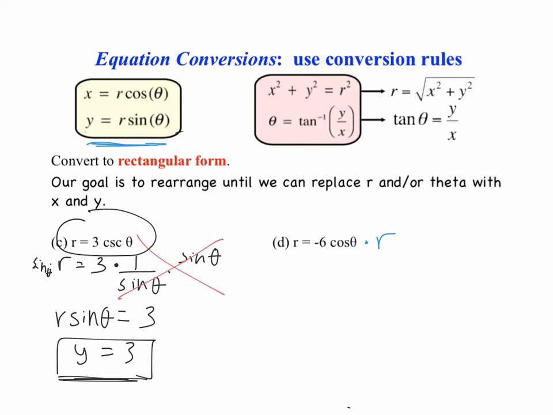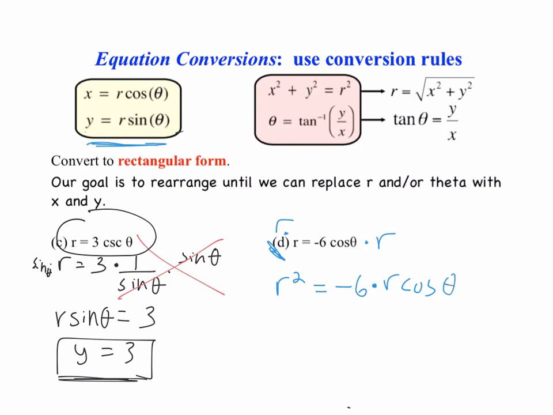But if I'm going to multiply by r on the left, I also need to multiply by r on the other side of the equation, so I don't mess everything up. So then now on the left, r times r gives me r squared equals, I still have this negative 6, but now I have my r cosine theta.